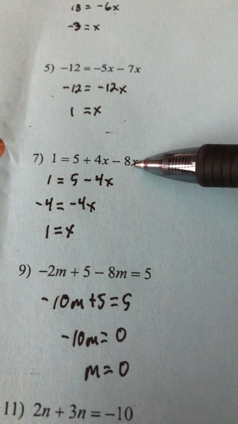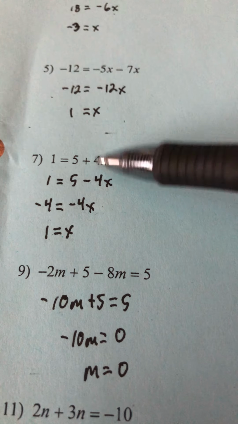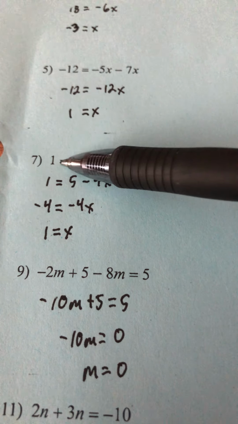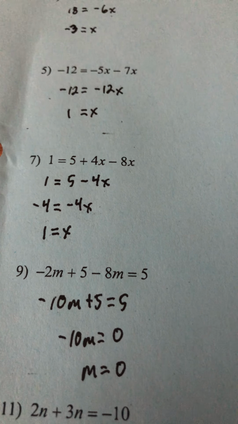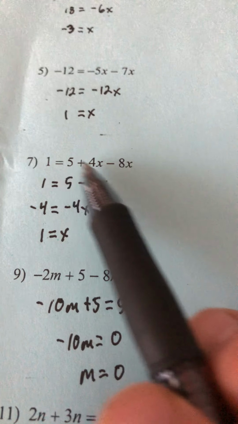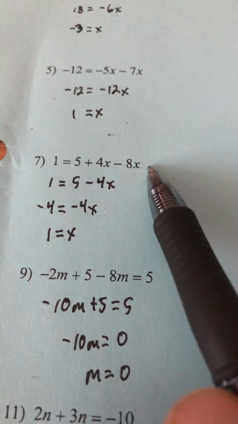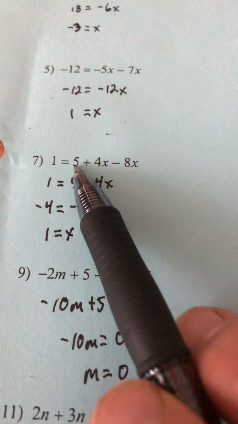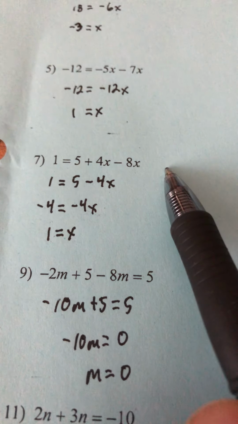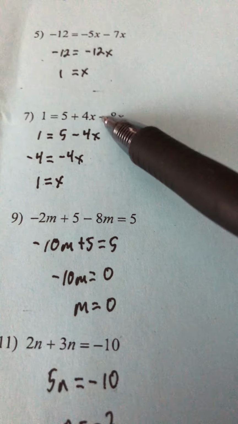Actually, I was saying that backwards. You might as well just look at it this way: I'm going to have my equal 1 over here. If I add 5 plus 4, that gives me 9, minus 8. 9 minus 8 equals your 1. Okay, that's a better explanation for it. I was saying minus 4.